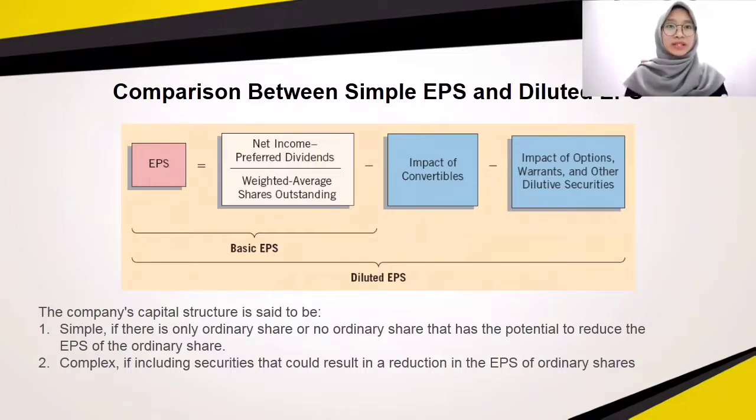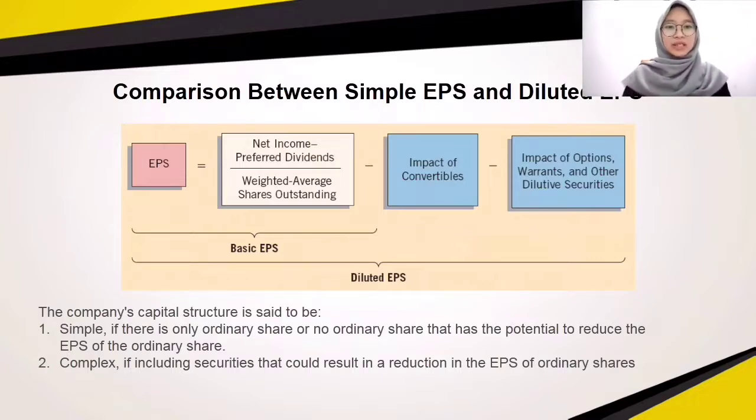And for diluted earnings per share, we have net income minus preferred dividends, divided by weighted average shares outstanding, adjusted for the impact of convertibles and the impact of options, warrants, and other dilutive securities.